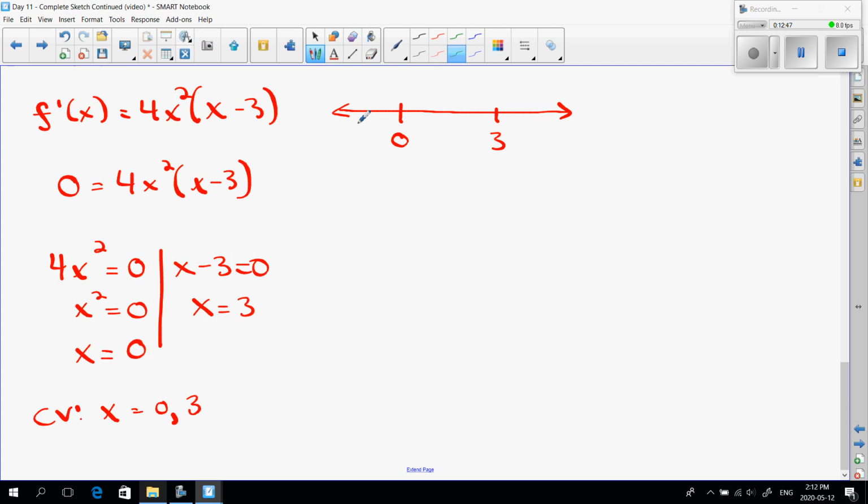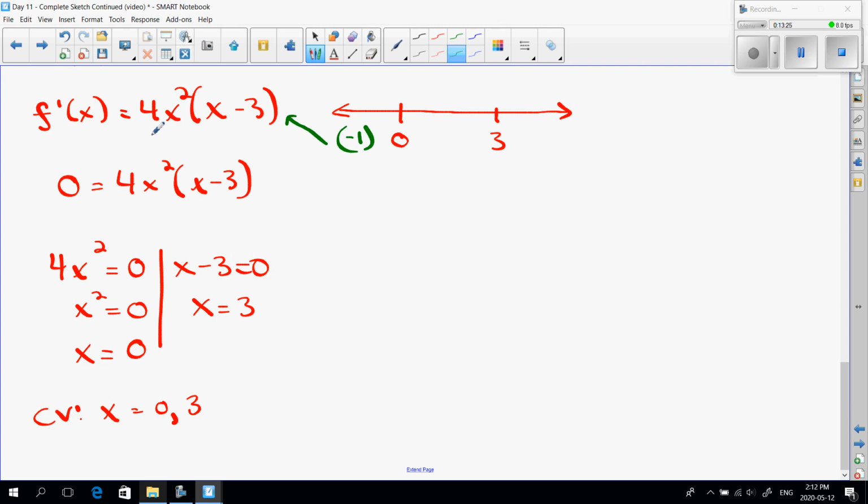What I want to do is pick some test values. Now, any number between negative infinity and 0 would work here. I'll go with negative 1, but you could use negative 10, negative 100, whatever you want. I plug it into the derivative, and I'm testing to see whether this would work out to be a positive or a negative. Okay, so let's think about that. Again, you don't have to know exactly what it equals, but if I plug a negative 1 into the derivative and I square it, I get positive 1 times 4.